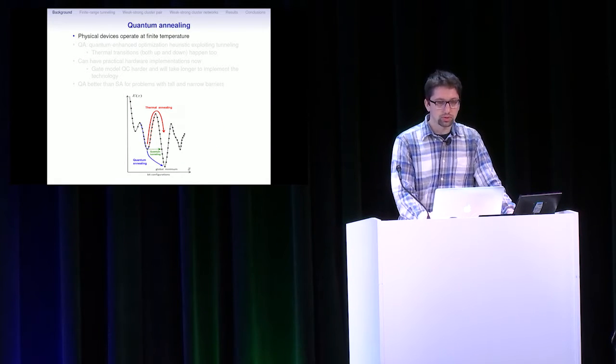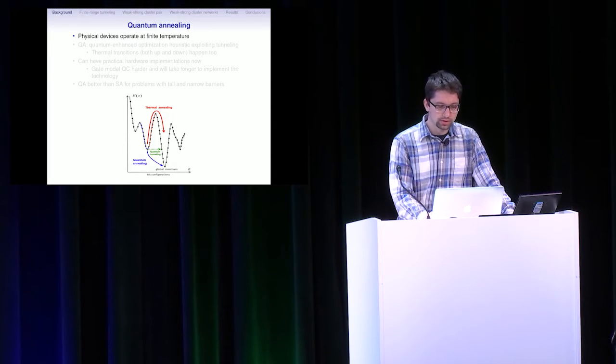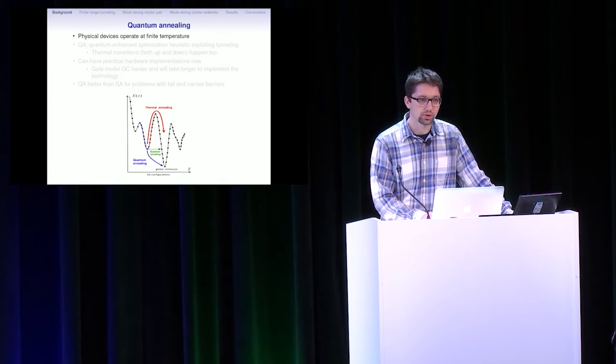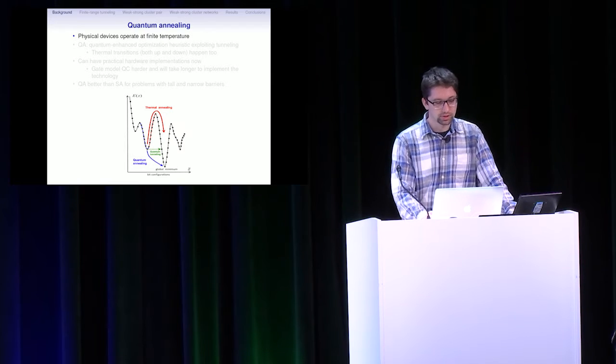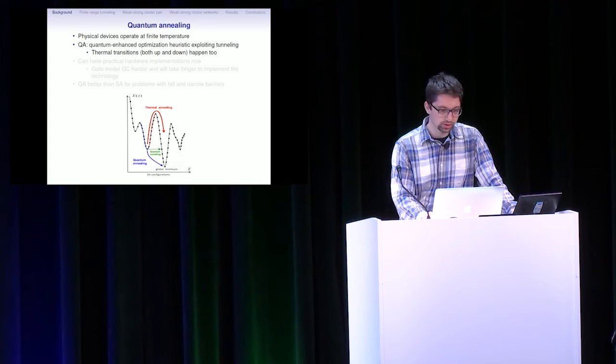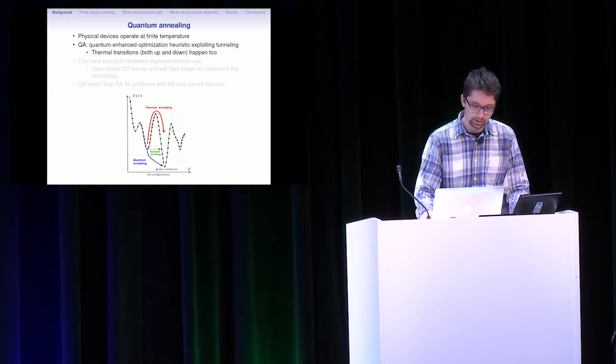So this is all idealistic in terms of running at zero temperature and having a closed system, but in reality, physical devices actually operate at finite temperature, so this is not as simple as described in the previous slides. What we get with temperature is what has been called quantum annealing, which is a quantum-enhanced optimization heuristic that exploits tunneling.